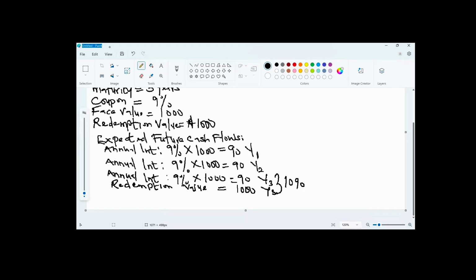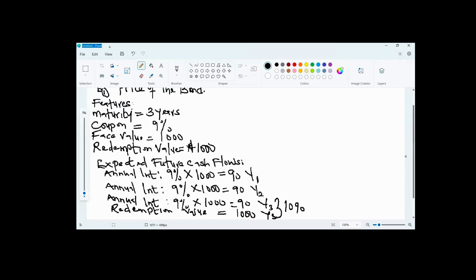We now need to discount this cash flow to its present value. We can use the same approach.